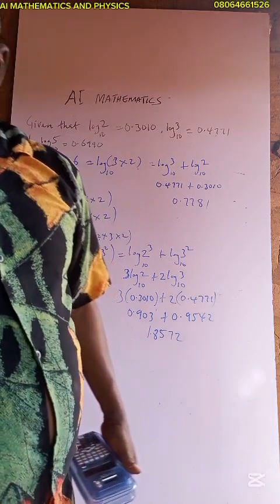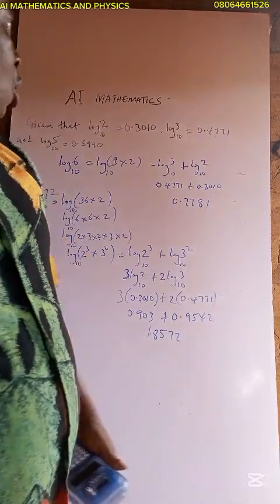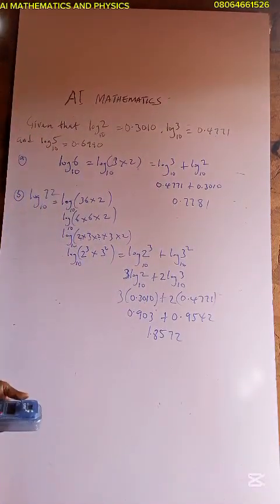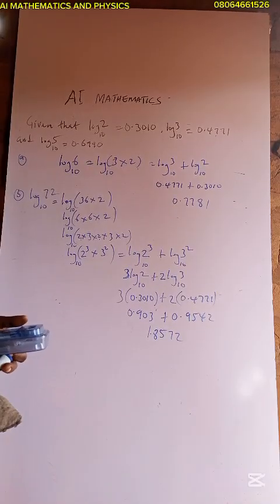Another one here is log 35 minus log 17.5.